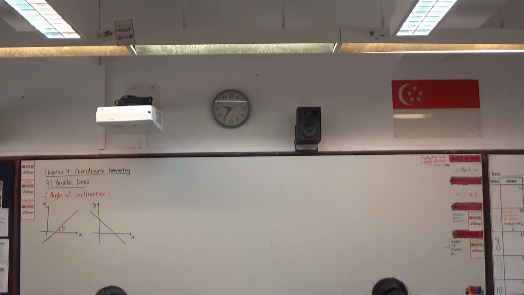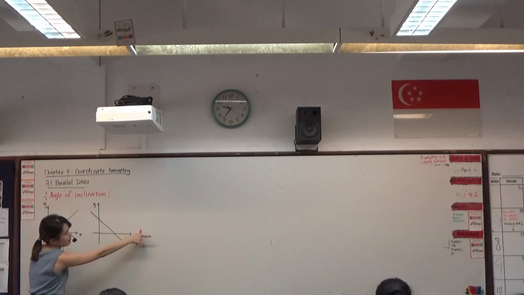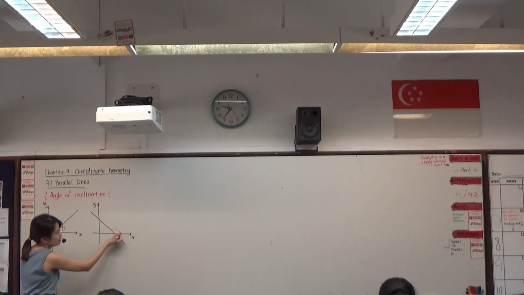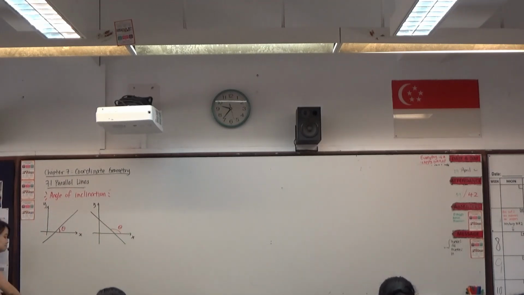So it is the angle found between the line and the positive x-axis direction. For a downward sloping line, the positive x-axis direction is there, so the angle is defined this way. That is your definition of an angle of inclination.